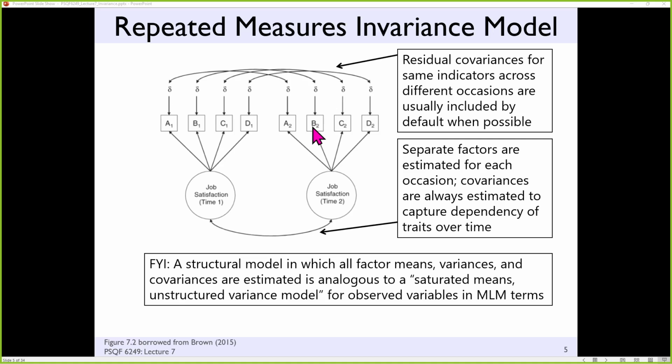That theoretically is problematic. Mathematically, it'd be fine. But yeah, this is another type of conditional independence: the reason that any item would be related across occasions is because of their factor relationship. And if it happens to be the same item, they get an extra relationship here too.